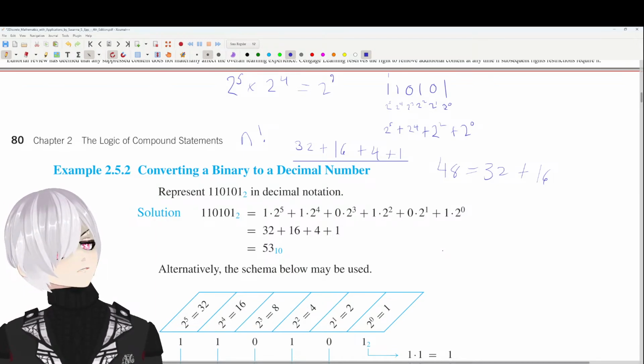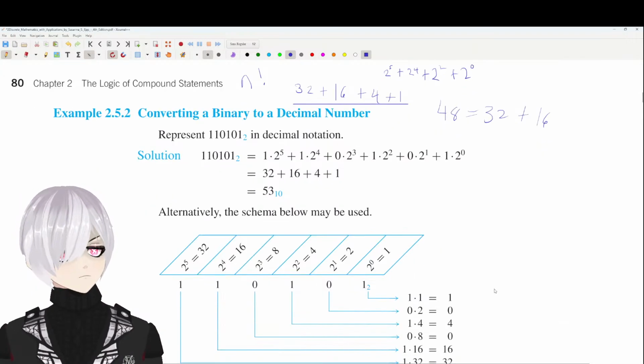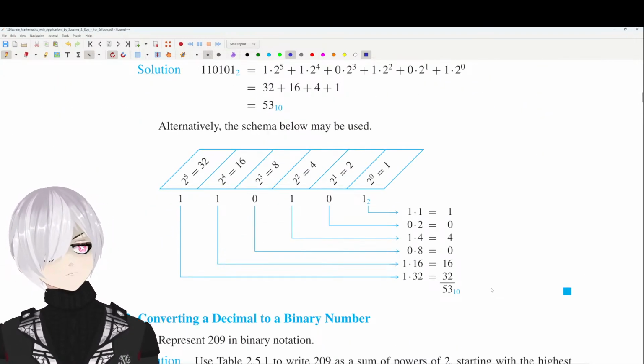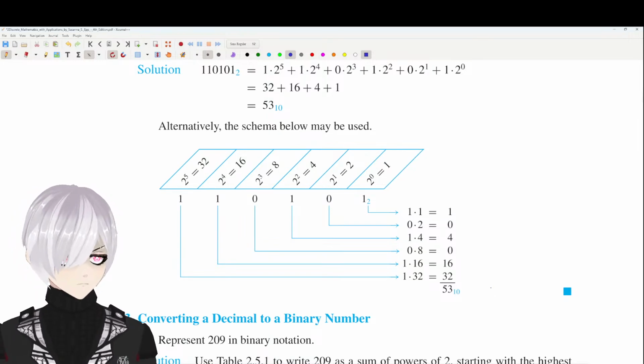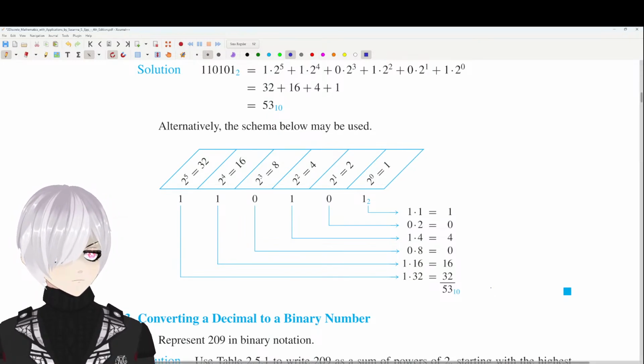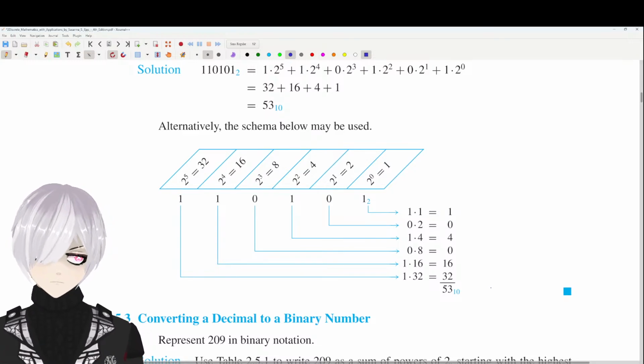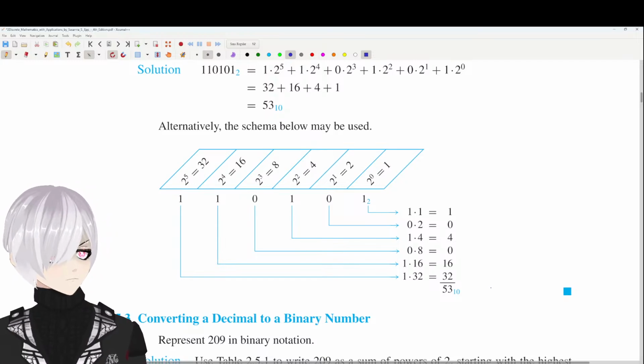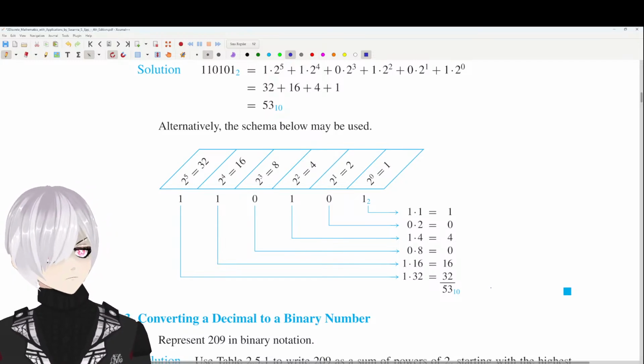Yeah, and then the thing below is another way of representing the same thing. Next to each digit they wrote the power of 2 that it corresponds to and what that equals in decimal notation. Then they multiplied each of the digits by the powers of 2, and then they added all of them.